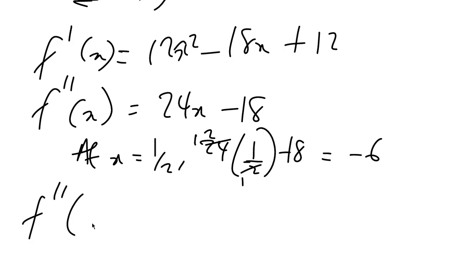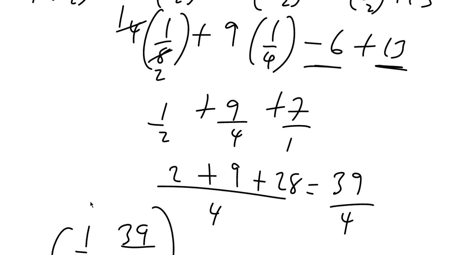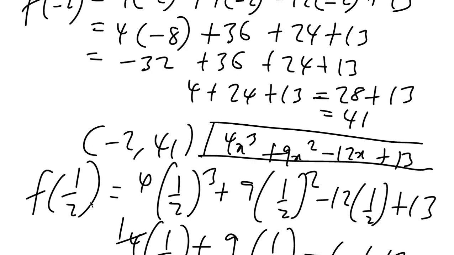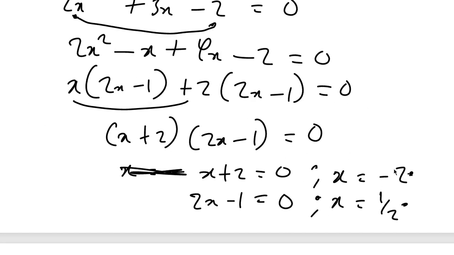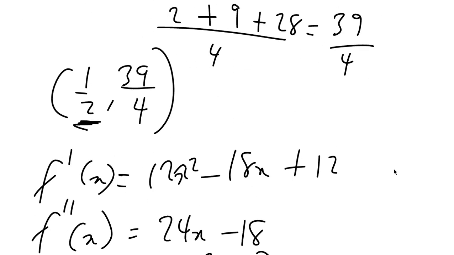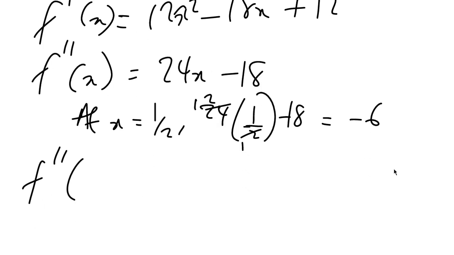Then what was the second point we had? Remember we had minus 2, right? Minus 2 as one of the critical points over here. So if you substitute minus 2, what are you getting?